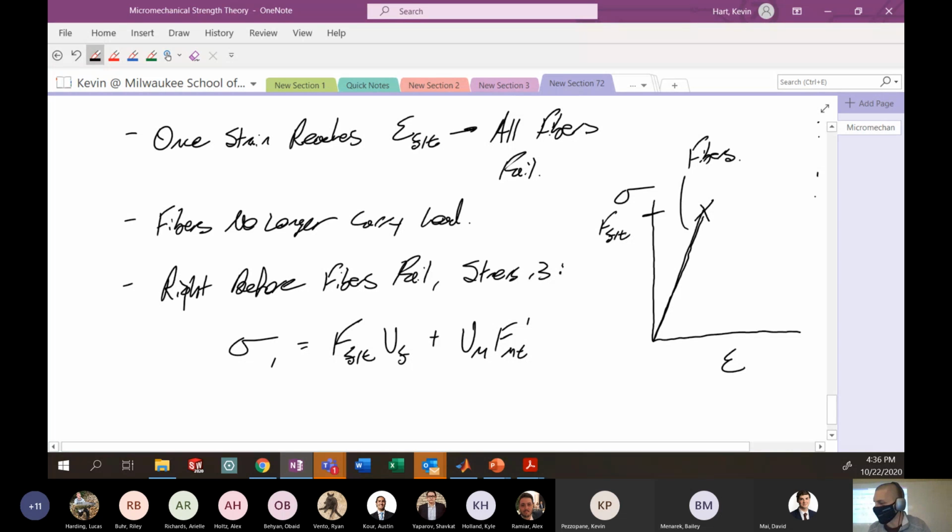right? The failure value. If you just had matrix material, the matrix typically is less stiff, and we're saying here that the matrix has a larger strain to failure in this case. So if you just tested matrix material, you would have something that looks like this.